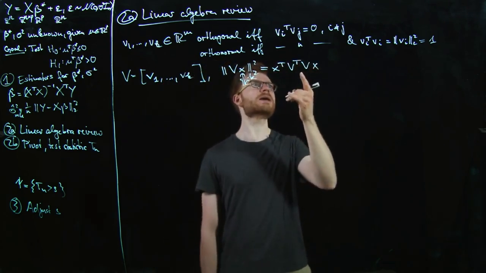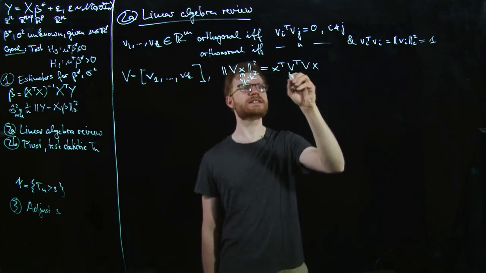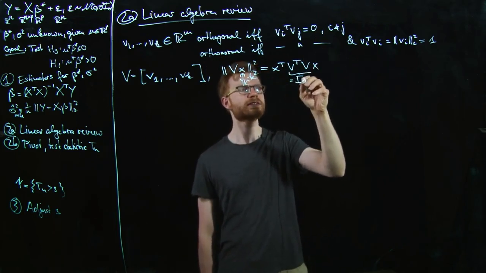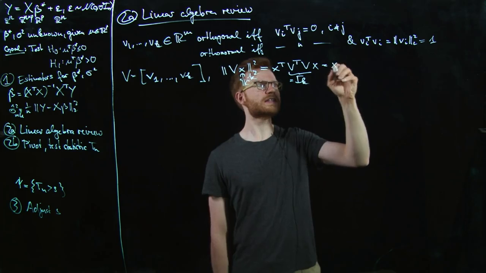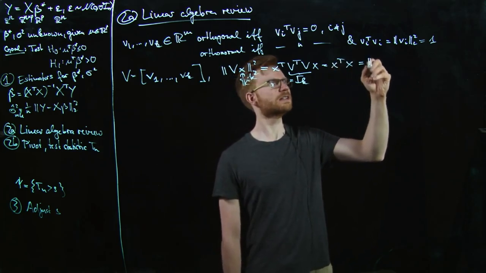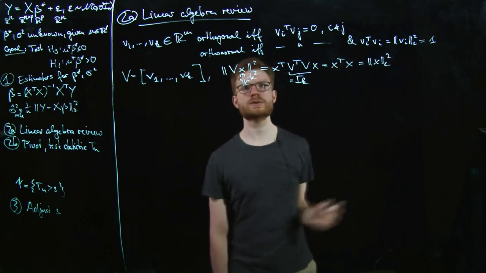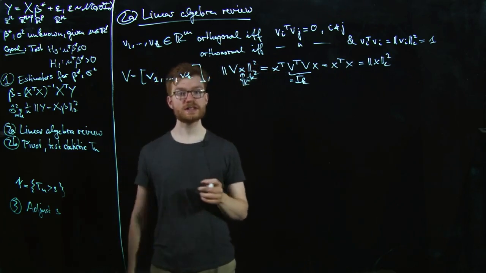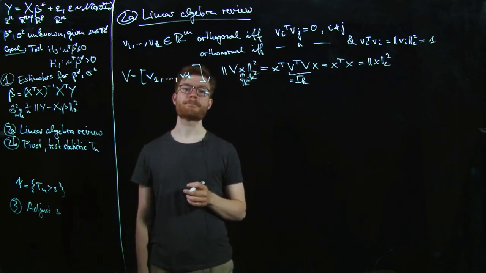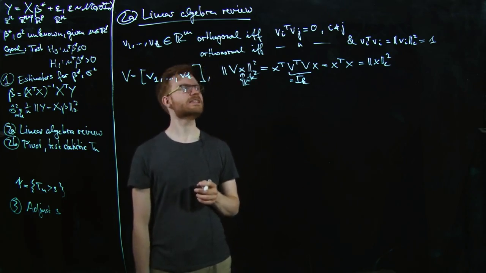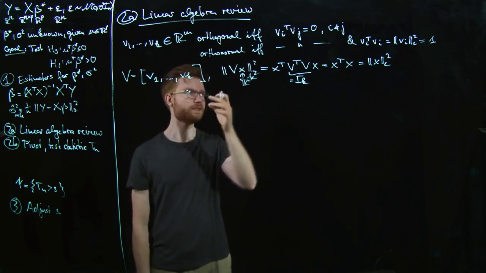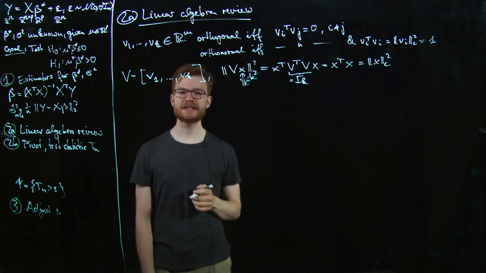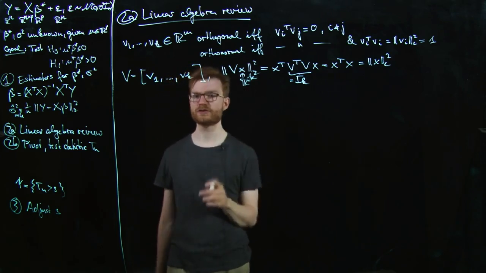And V transpose times V, by these requirements, is the identity matrix on k. So this is x transpose x, so it is the norm of x squared. In other words, if I hit a vector with a matrix consisting of orthonormal vectors as columns, then this will give me the norm back. So this will preserve the norm.